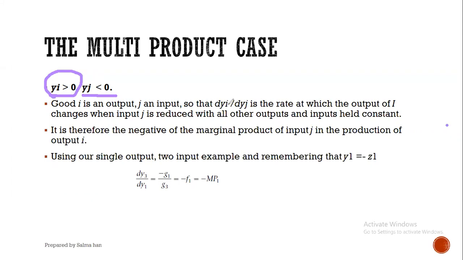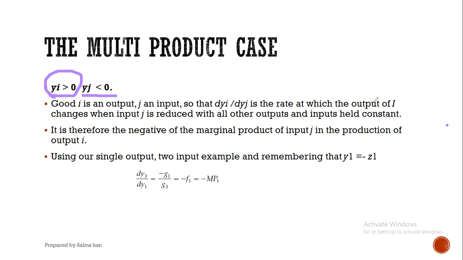So that dyi, that is the rate of change in the output to the rate of change in the input, is the rate at which the output of i changes when the input j is reduced with all other outputs and inputs held constant. In this case, the rate of change of one variable due to the rate of change of the other variable will change the interpretation. How?